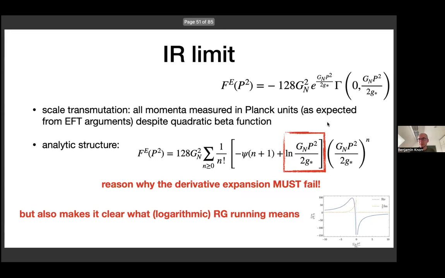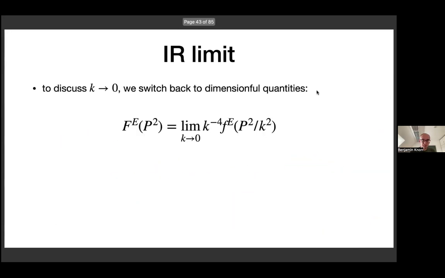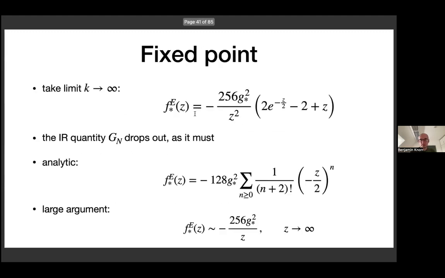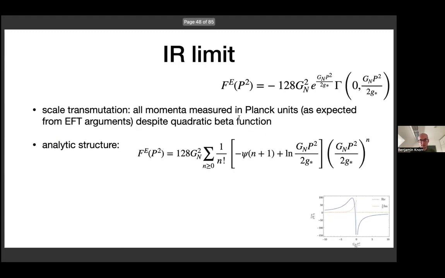Can you repeat how you go from the formula with the gamma function to the last formula? So you are expanding the gamma function, right? You mean from basically this full solution here? No, in the last slide, the very last step. Yes, from the one on the top right to the one in the center. Exactly. So this is just, if you want, the incomplete gamma function times the exponential has a representation that is convergent everywhere in this form.